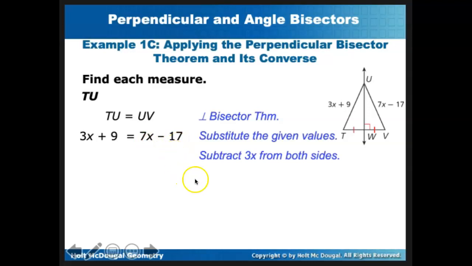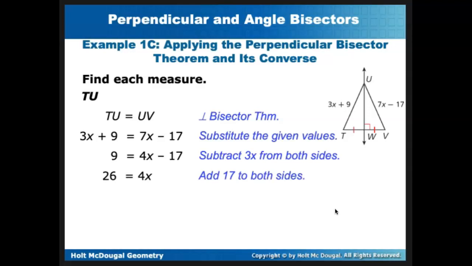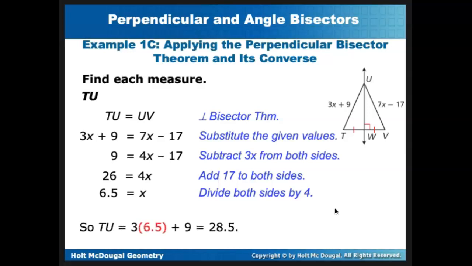Then we subtract 3 from both sides, and that gives us our x only on one side now. And then we're going to add 17 to both sides and divide by 4. And of course, you know that I like to have it the other direction, but that's okay because we're going to use it. We're going to substitute it back in.